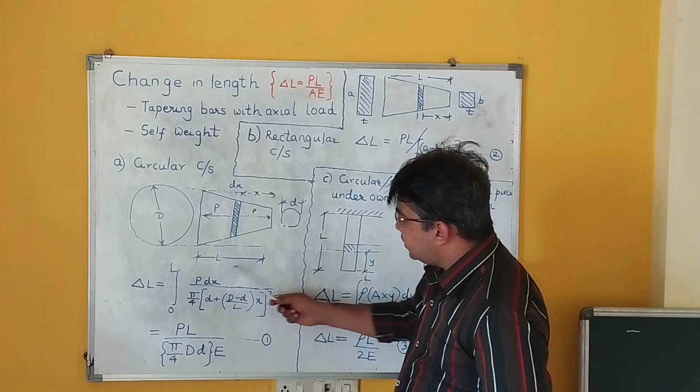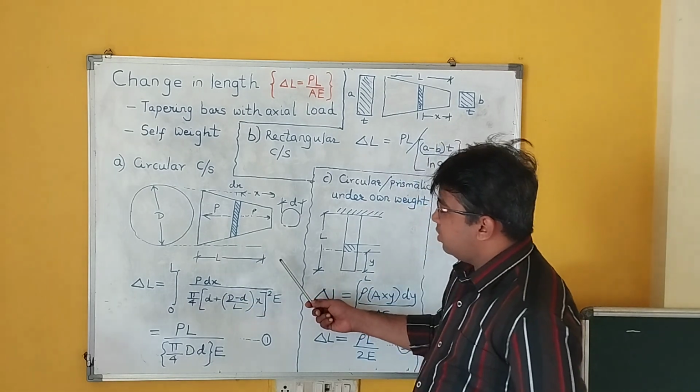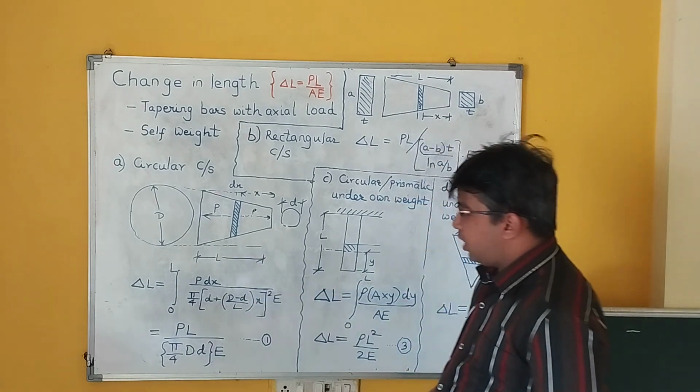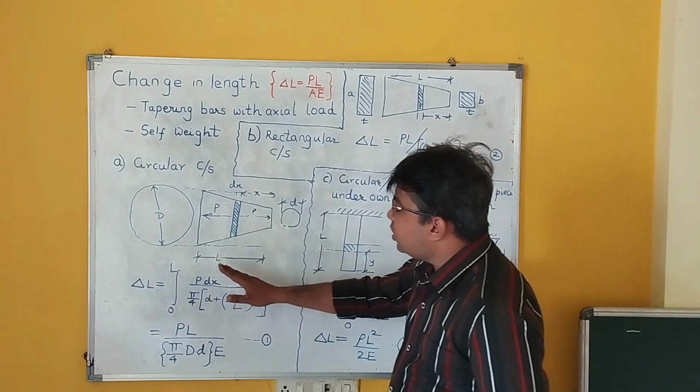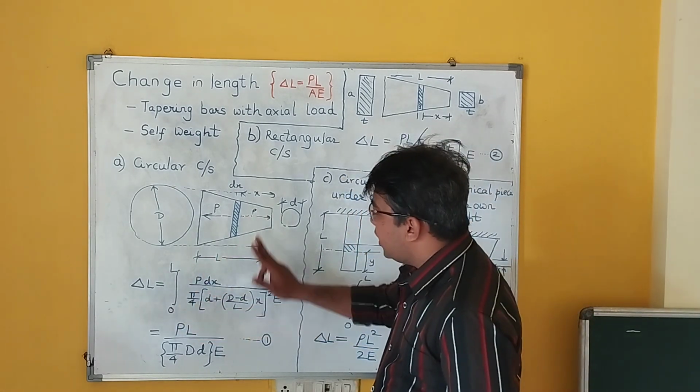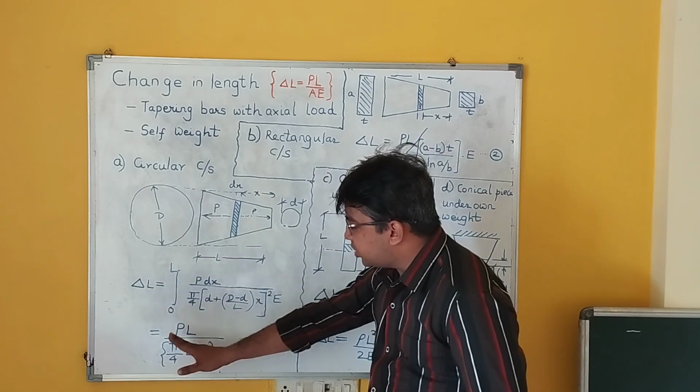This L is the length of the entire body. Now forget about this integral sign. We will just concentrate on elongation of the small element. So forget about this capital delta L and this integration sign.